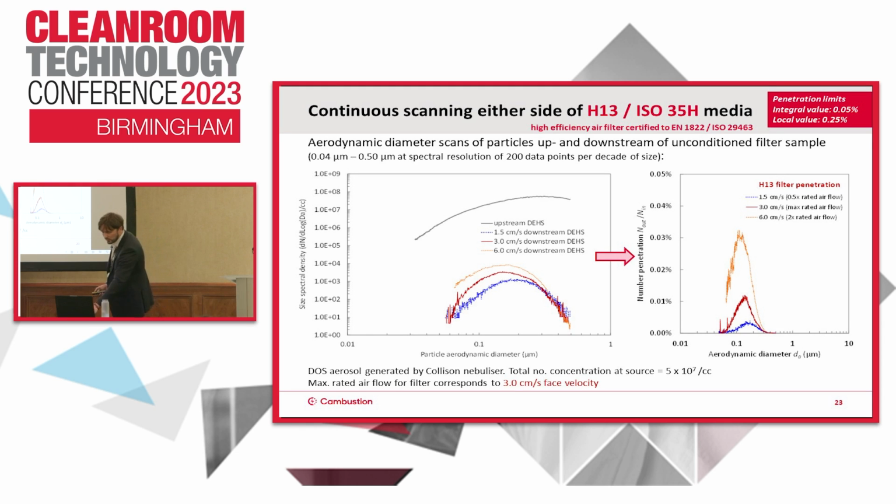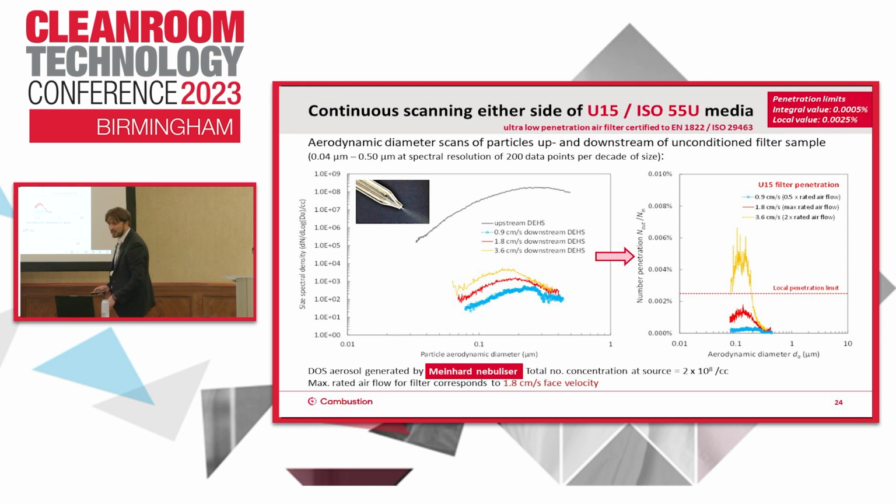We then went up two more grades. So, starting to move into the ULPA category, U15. Here I changed the nebulizer to a Mine-Hard glass capillary, which has given the highest number concentration I've seen from an aerosol source. This is 200 million per cubic centimeter. So we're throwing all that into the AAC classifier, which is fine. You just need to clean it a little more regularly.